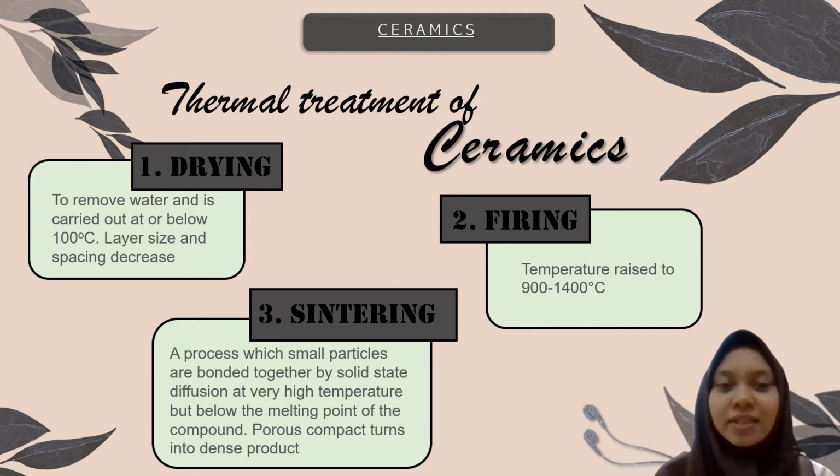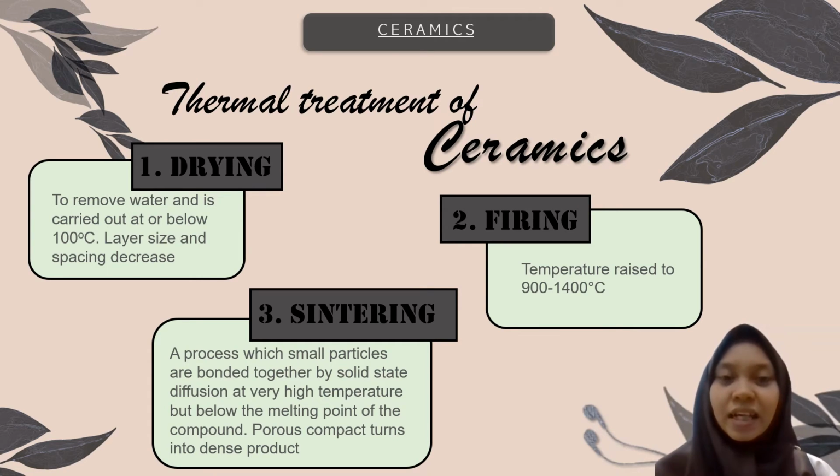Thermal treatments of ceramics. There are 3 thermal treatments of ceramics, which are drying, firing, and sintering. The purpose of drying is to remove water, and it is carried out at or below 100 degrees Celsius. The layer size and the spacing will decrease.